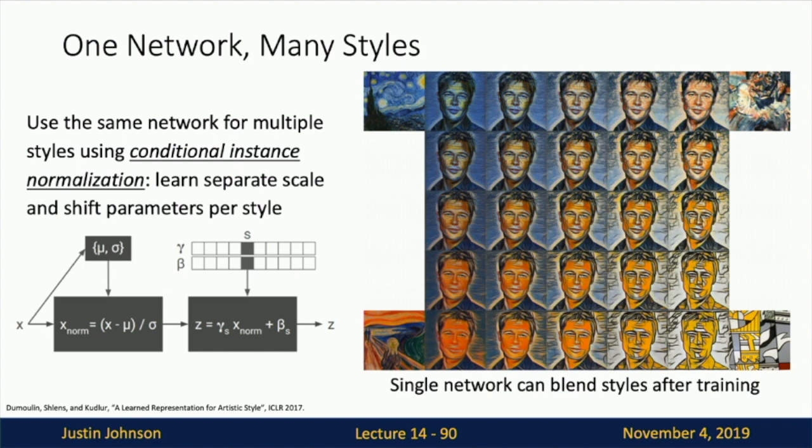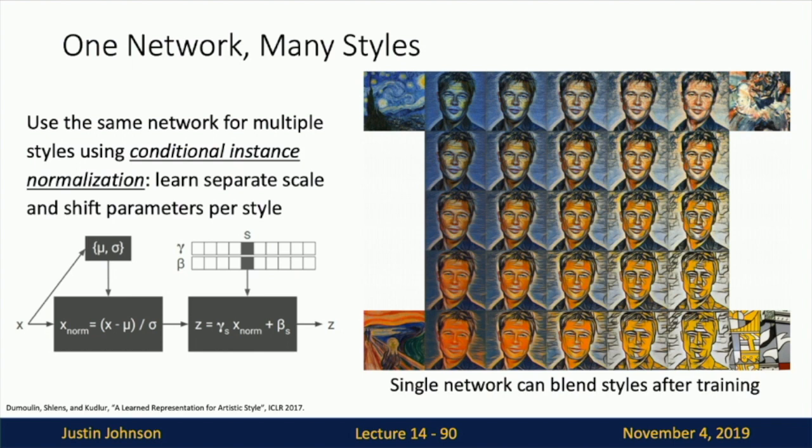What that means is that, remember, in something like batch normalization or instance normalization, we're going to learn these scale and shift parameters that we apply after we do the normalization step. So now with conditional instance normalization, what we're going to do is learn a separate scale and shift parameter for each different artistic style that we want to apply. All of the convolutional layers in the network will have the same weights for all the styles, and we'll just learn different scale and shift parameters for each style.